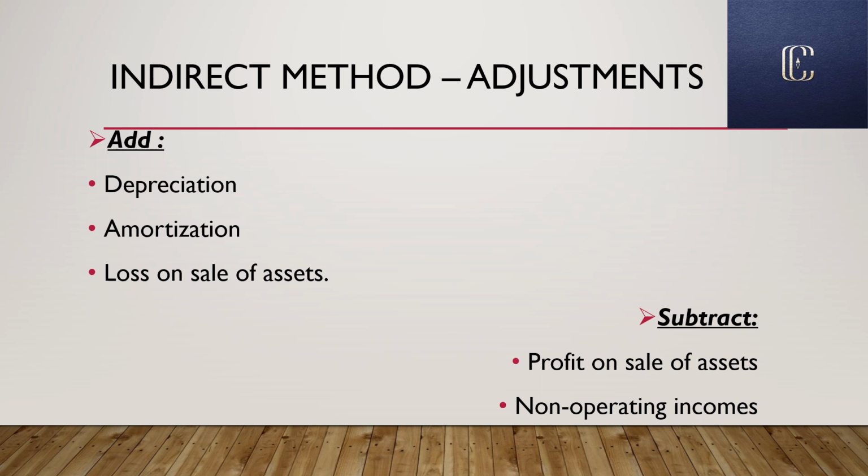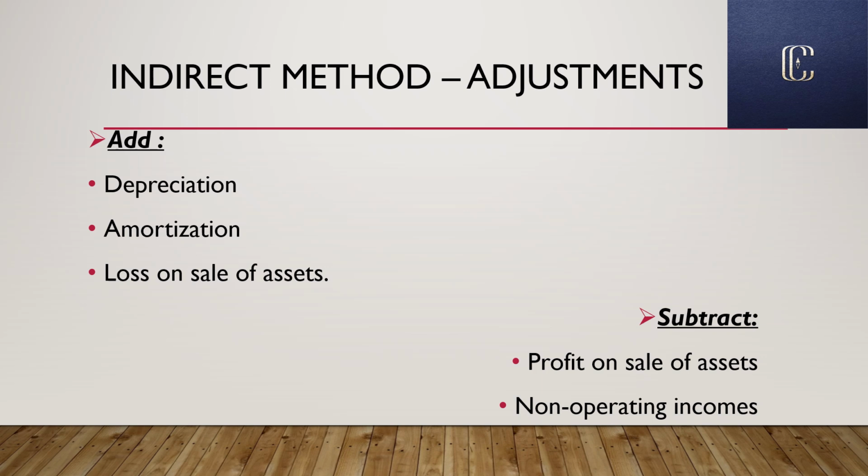For example, the machine cost is 10 lakh rupees, depreciation charged is rupees 1 lakh per year. This rupees 1 lakh reduces profit, but no cash is paid now. Cash was paid when the machine was purchased earlier. So we add depreciation back to profit.